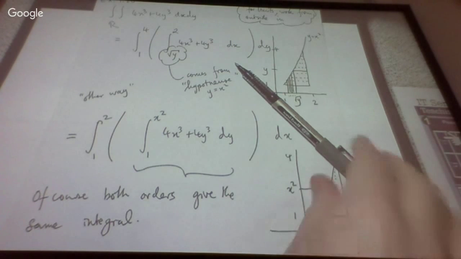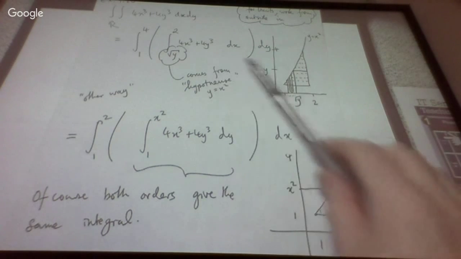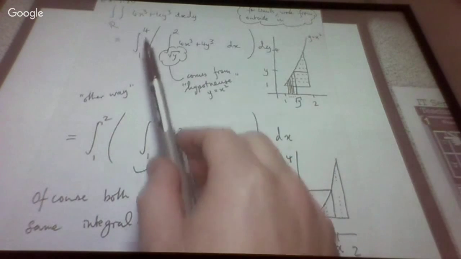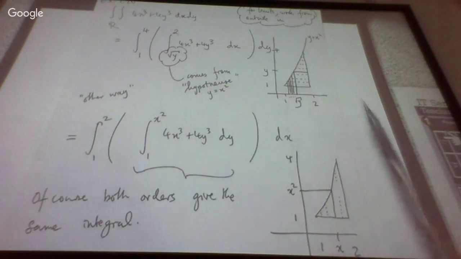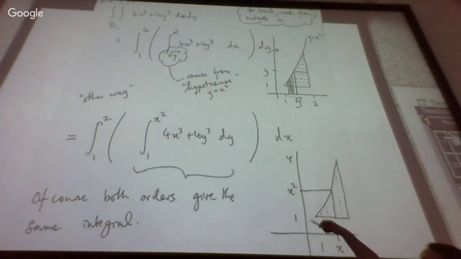So I think the only way to do it, to be fair, is to go via a sketch. You sketch out the region that's described by these limits of integration, and then by talking about these vertical or horizontal strips, you'll be able to decide on the other order, and then go through and actually decide the limits of integration.